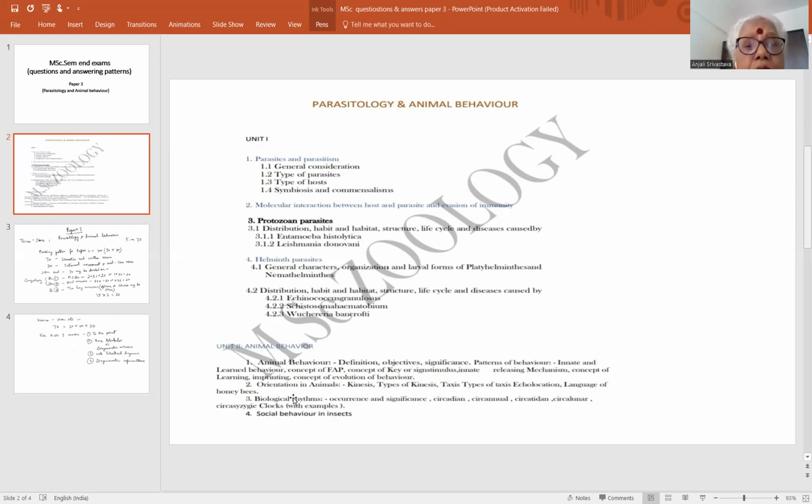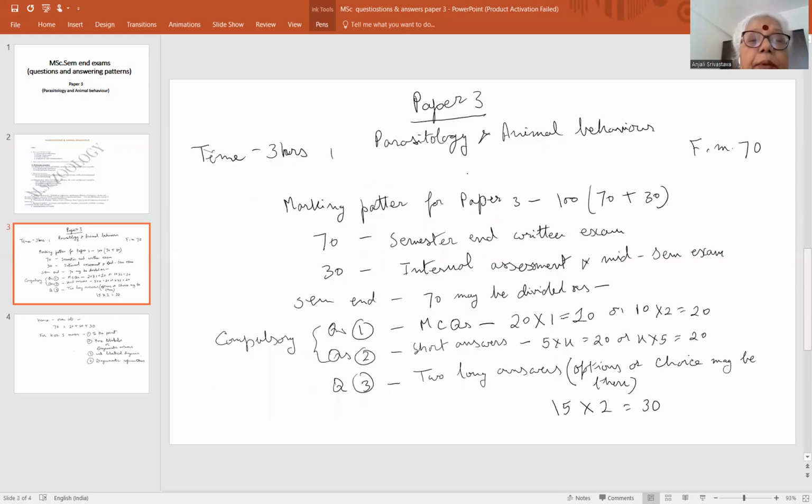So today we are mainly going to discuss the short type question answers. That is the marking patterns we have already discussed, like paper 1 and paper 2. In my opinion, and as much as I remember, the marking is of 100 marks in each and every paper in general pattern.